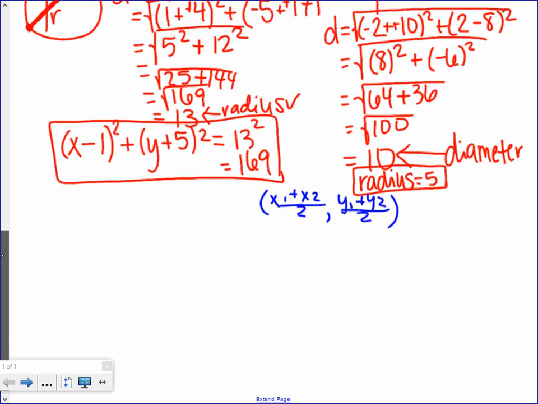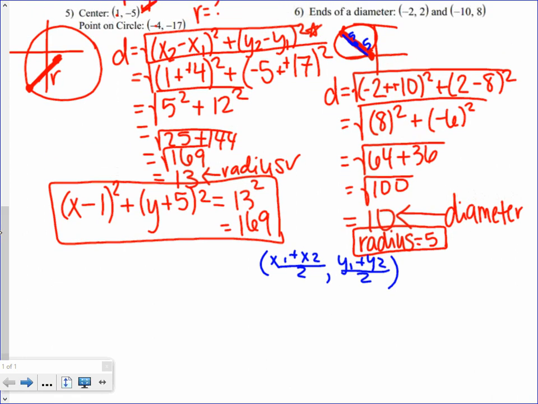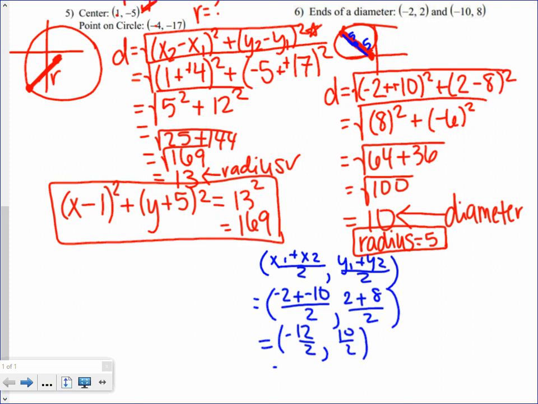So our x's are -2 and -10. So -2 plus -10. And our y's are 2 plus 8 over 2. So -2 plus -10 is -12 over 2, and 2 plus 8 is 10 over 2. And so if you divide those, you get -6 and 5.